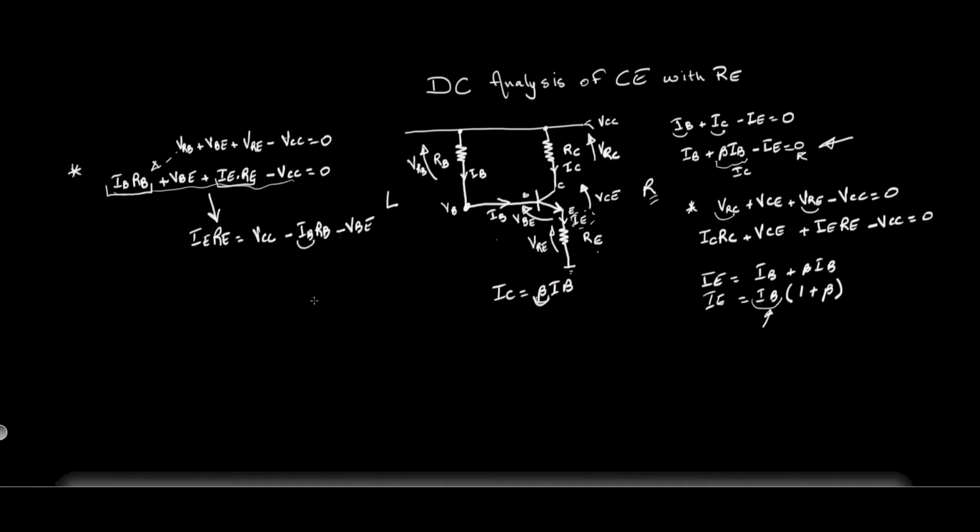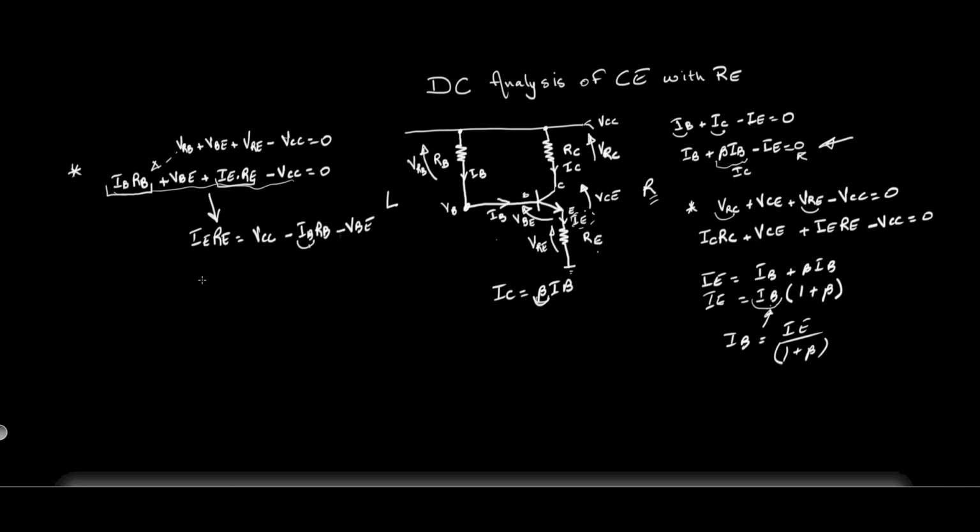Now, can we replace IB by something else, by a value? Yeah, we could, knowing that IB is here. So what is IB? Well, that's going to be equal to IE divided by 1 plus beta, right? So something like this.